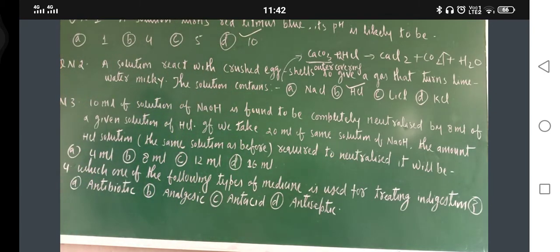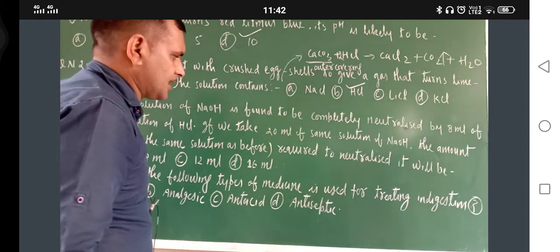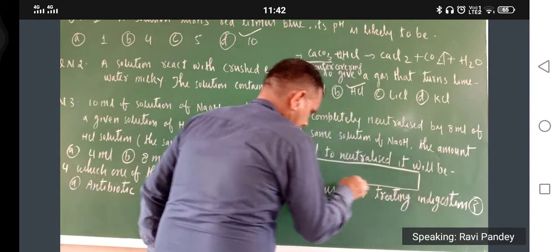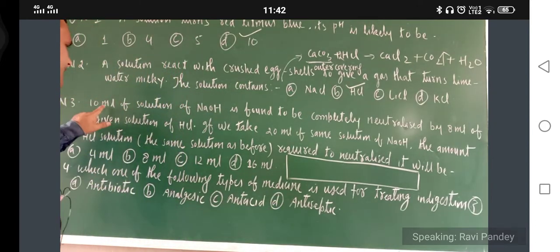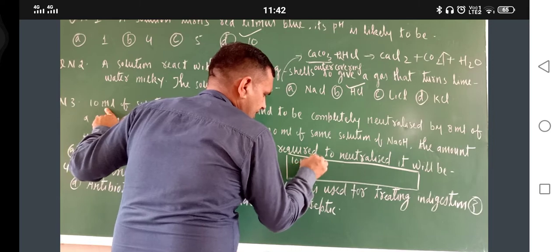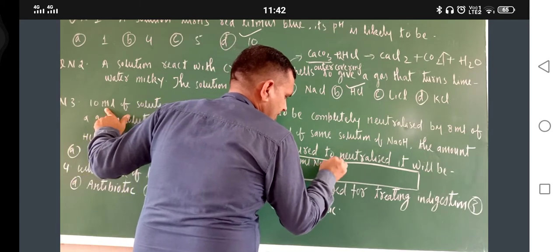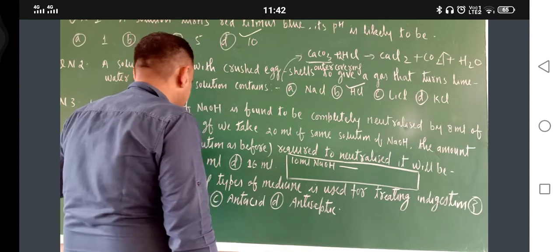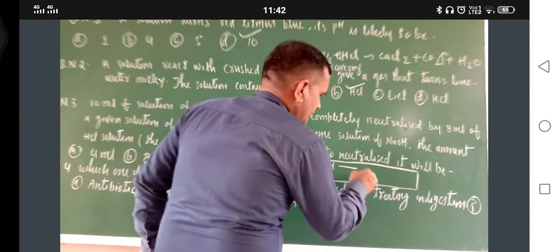So just see, I will solve this one also. Very simple thing. See here only I am solving. See, 10 milliliter NaOH requires for its neutralization HCl, that is equal to 8 milliliter.